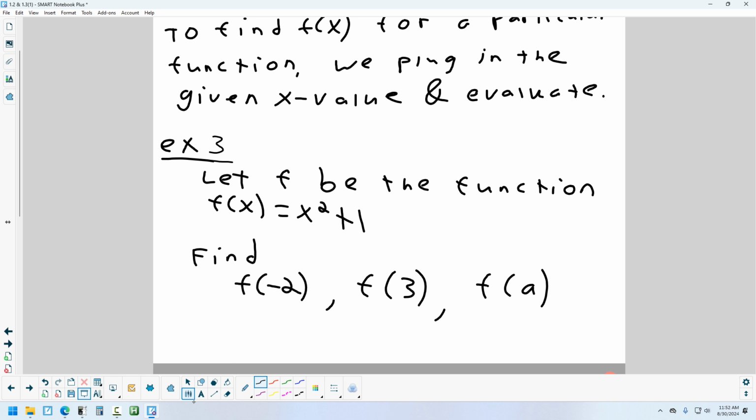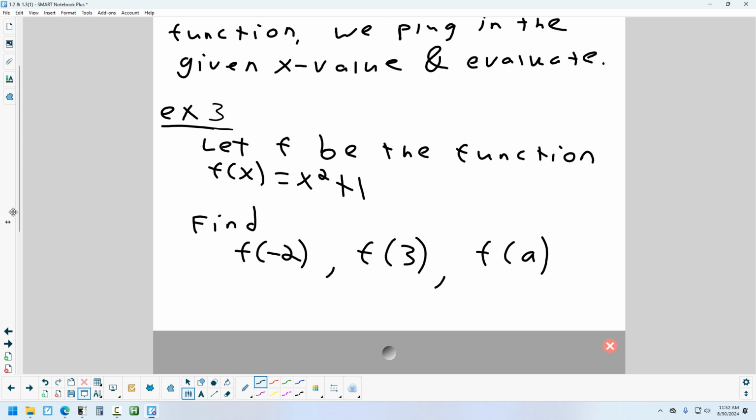So the first thing they want us to do is plug -2 into the F formula. It's the only formula we have. Plug that into the F formula everywhere that you see an X. Okay, so the first one, you would do just like this. And those parentheses are important.